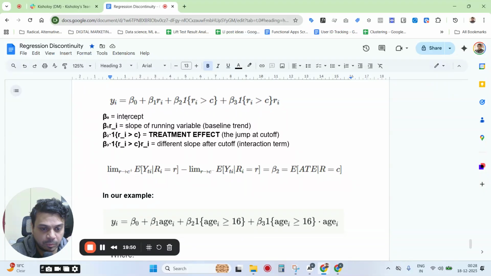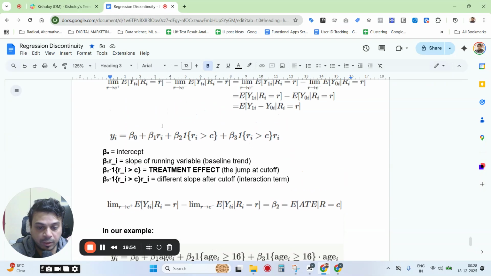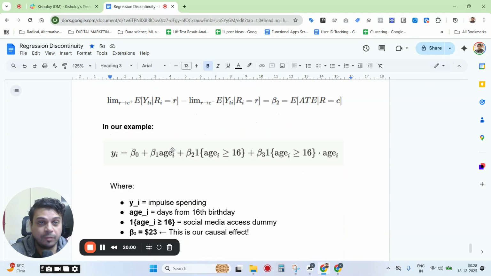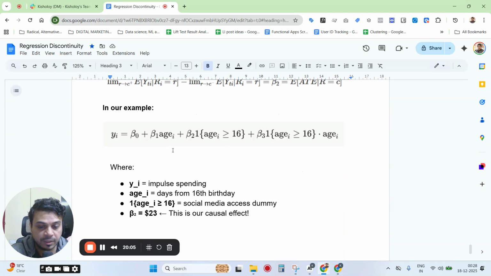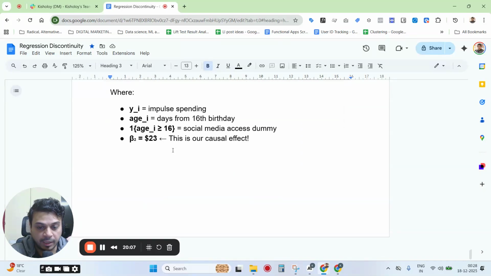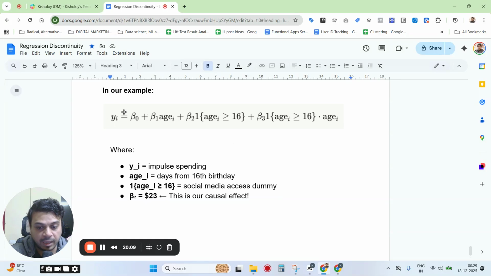So solving for this basically gives you the values of the different coefficients, and ultimately takes this form as well. If we were to rearrange this for our example, this is how it will look, where you have Yi, which is your observed value.